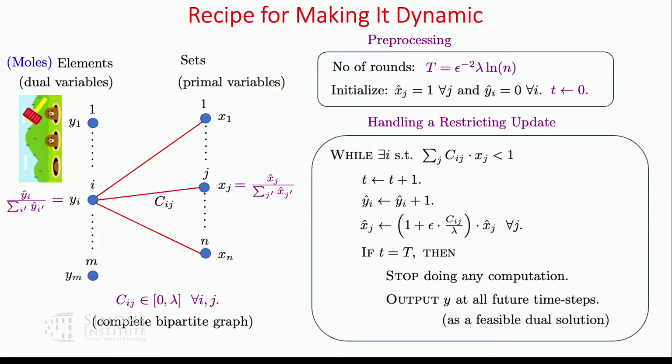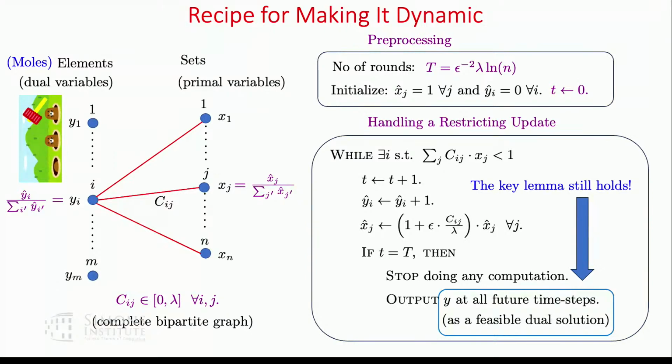And now under restricting updates, if Y is a feasible packing solution now, it remains a feasible packing solution at all future time steps. That's it. So it's as if you are just taking the static algorithm and seamlessly extending it to the dynamic setting. And you can go through the math, and the key lemma that we proved still works in this setting.